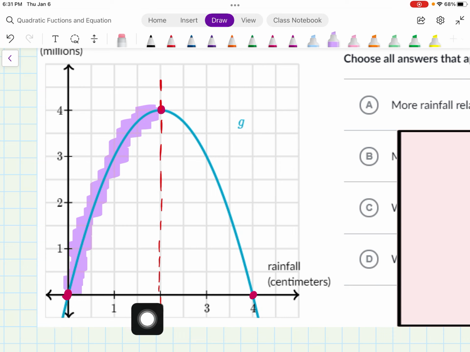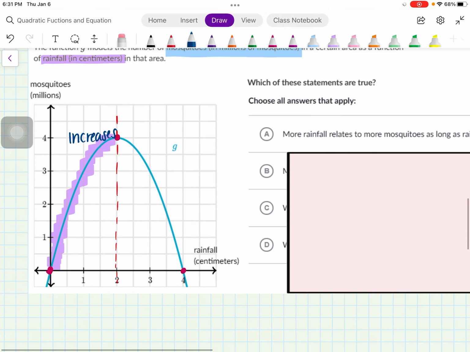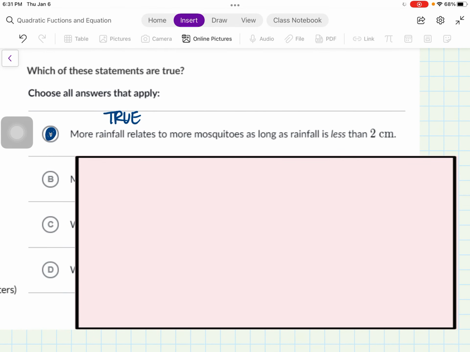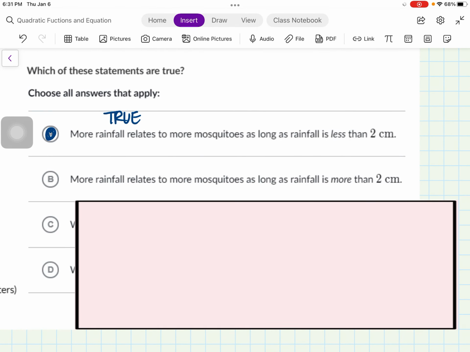So if we start at 0 centimeters of rainfall and we go all the way to 2 centimeters, what's going to happen to our population of mosquitoes? In this case, the population increases. So the statement here is true.